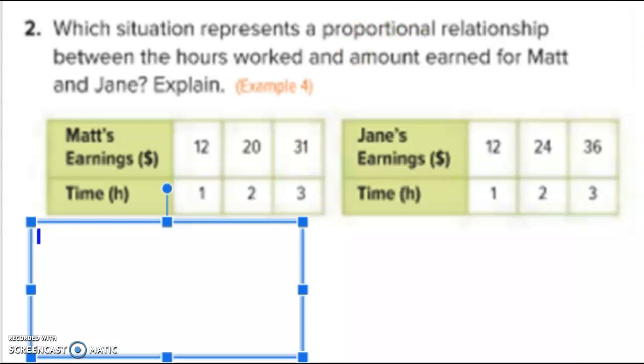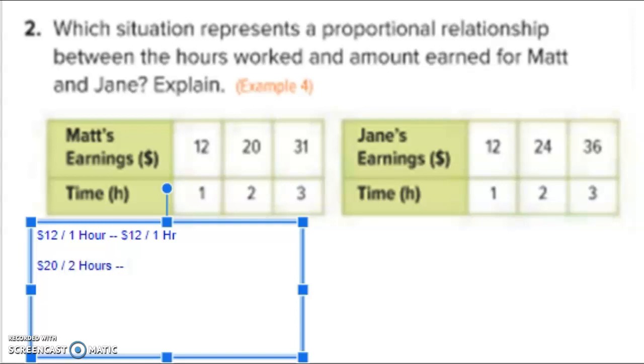So let's start with Matt. His first one is $12. Remember, money's number one, it goes on top, for 1 hour. That can't be reduced, so that was just 12 over 1. For his second one, he has $20 over 2 hours.